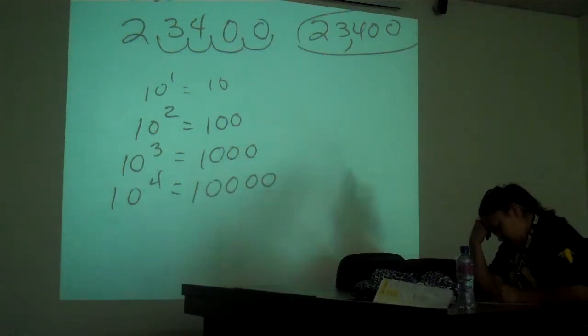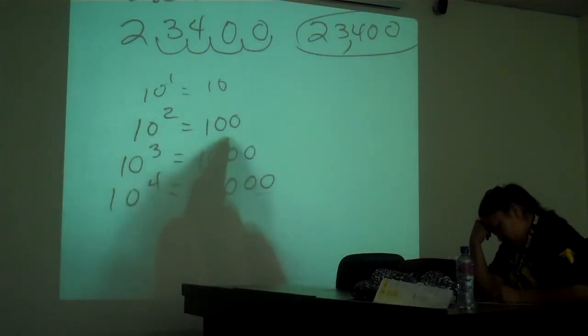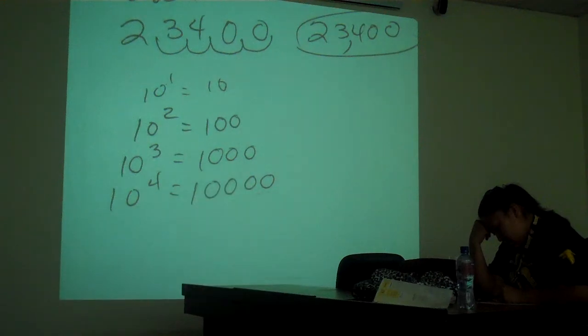That has 4 zeros. See, that has 1 zero, 2 zeros, 3 zeros. So 10 to a power actually is telling you how many zeros there are, right?